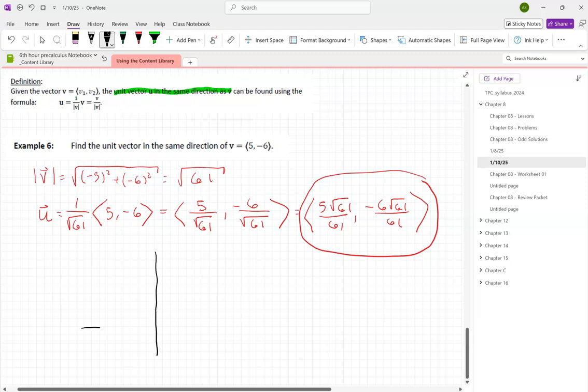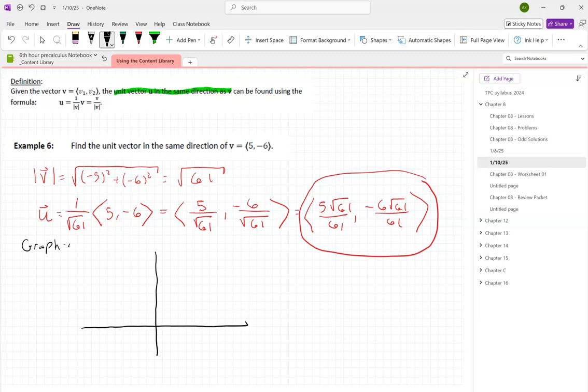So if we think about graphically what we just did, say here's our vector v, 5, -6. The length of this vector is that, right?